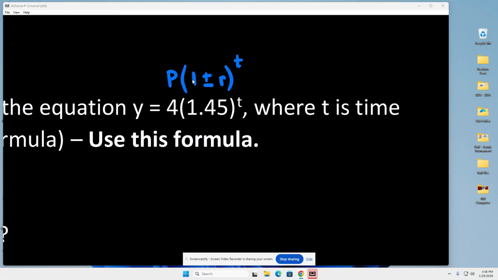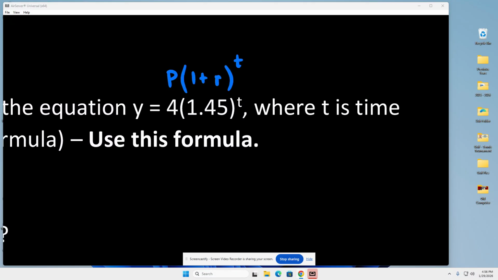So think about this, guys. To get from 1, either adding or subtracting r, how do I get to 1.45? Well, clearly I'm adding. So I'm doing 1 plus whatever that r is.